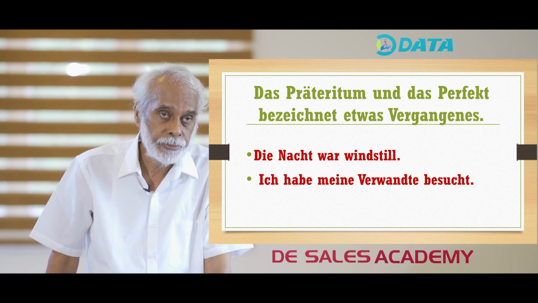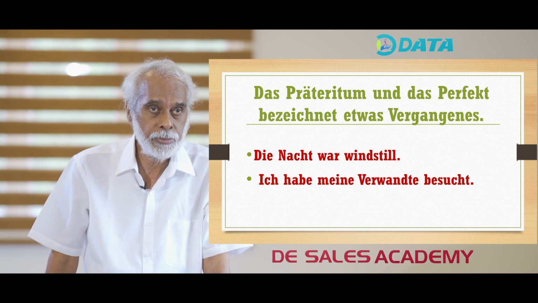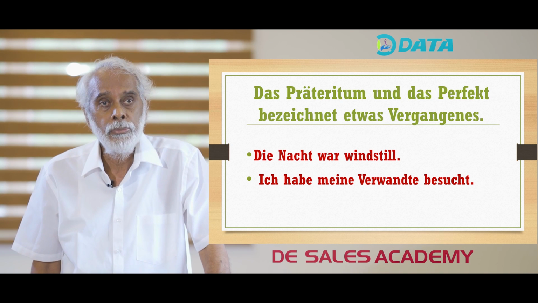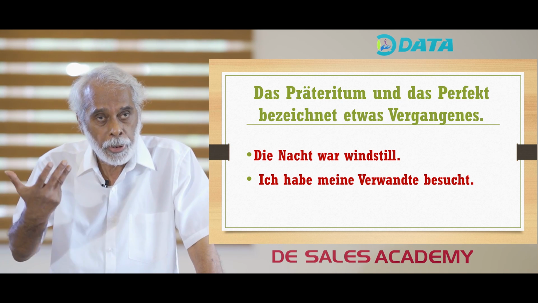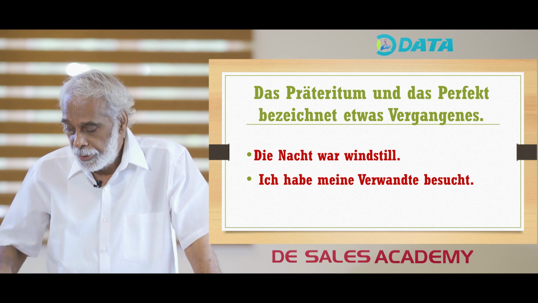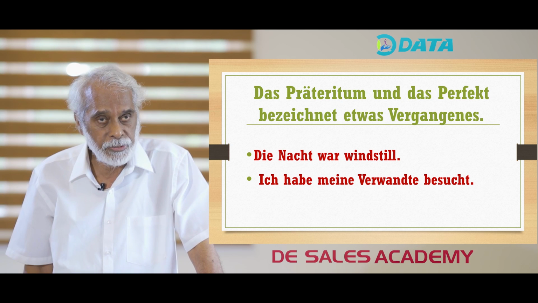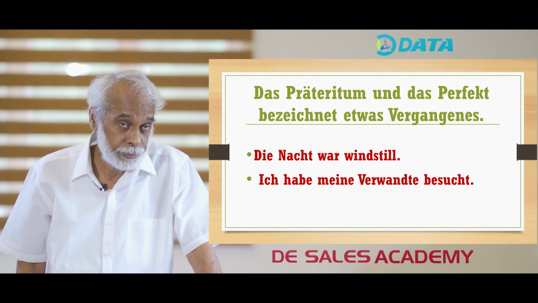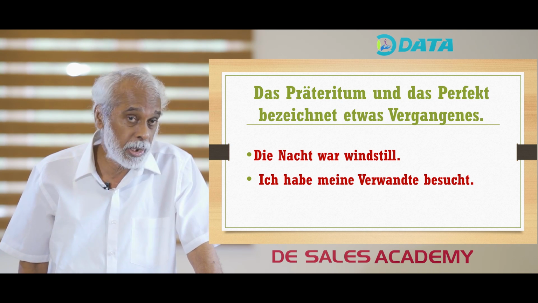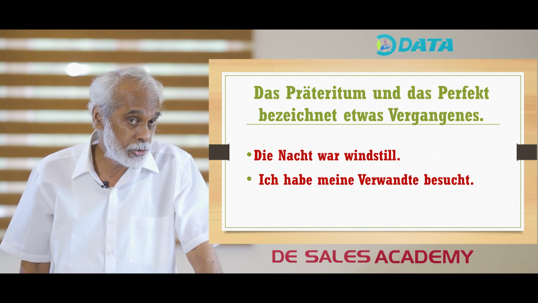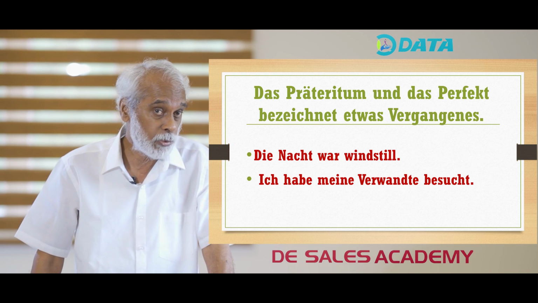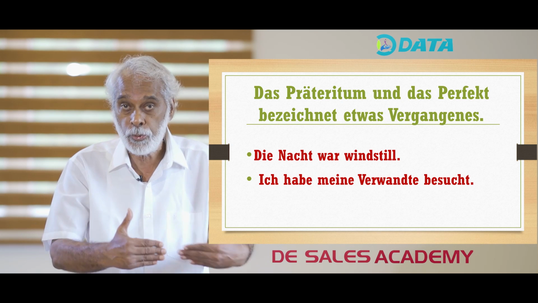Aßen Sie? Lernten Sie Deutsch? No. Usually when it is in the spoken language, sie greifen zum Perfekt. They resort to the perfect tense. Haben Sie schon gegessen? Haben Sie schon die Aufgabe gemacht? Haben Sie schon Deutsch gelernt? Haben Sie den Vokabular geübt? Und so weiter und so weiter.